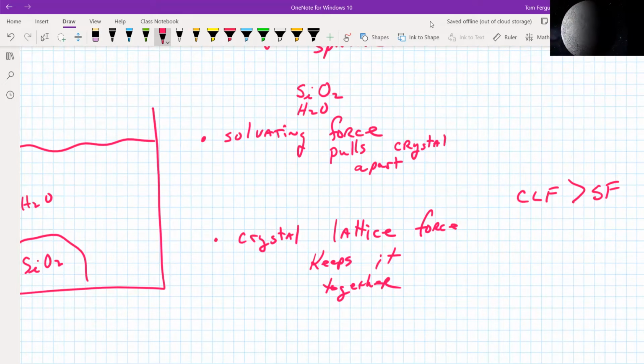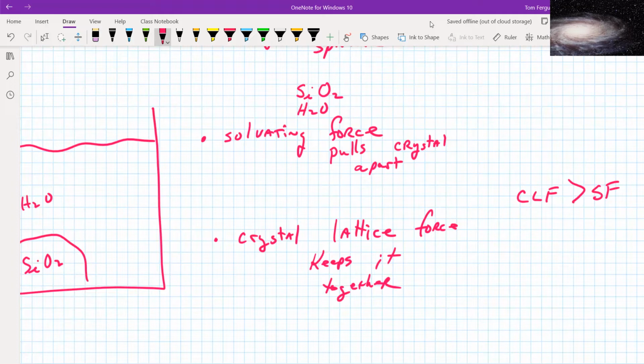Vibration, temperature. Temperature is a measure of movement of the molecule. If they freeze, then the solvating force becomes weaker. If we cool it down, it's like they make rock candy.